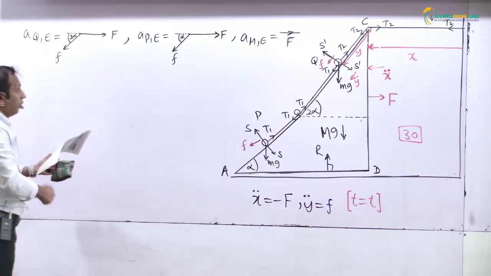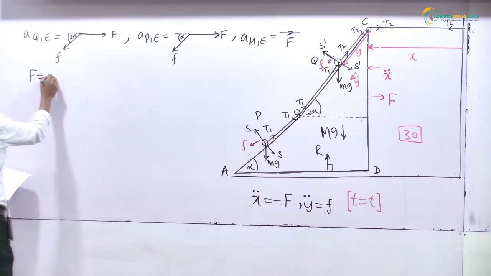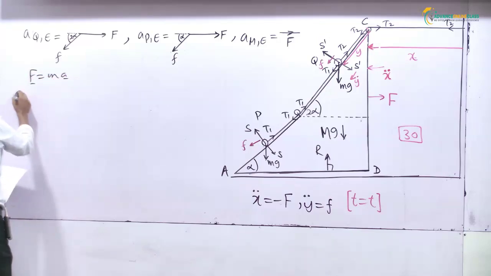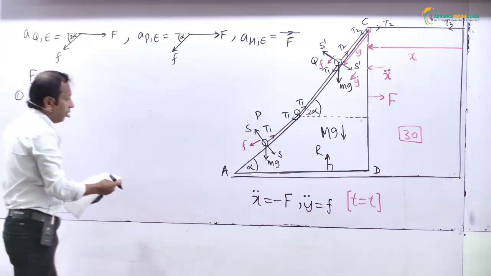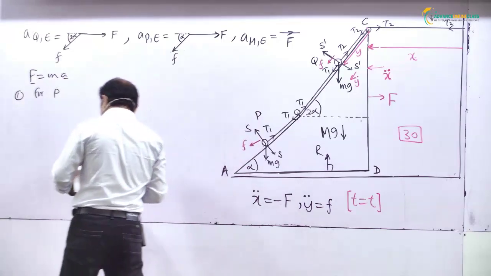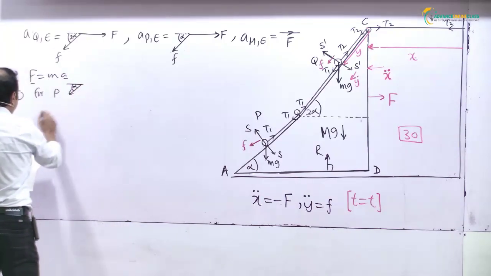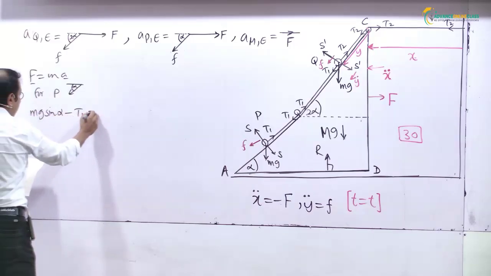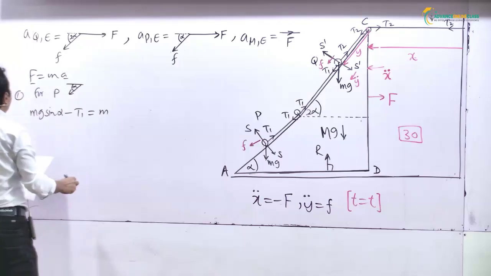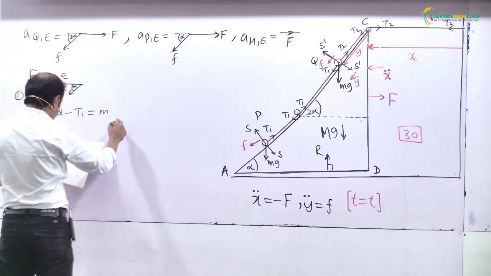Now we apply F equals MA. Number one, for P: mg sin alpha minus T1 equals M times P's acceleration, capital F minus small f cos alpha.